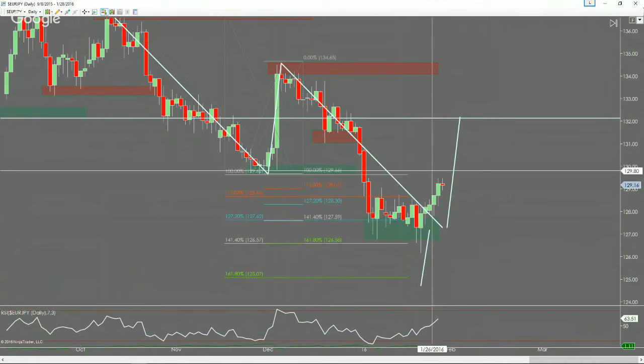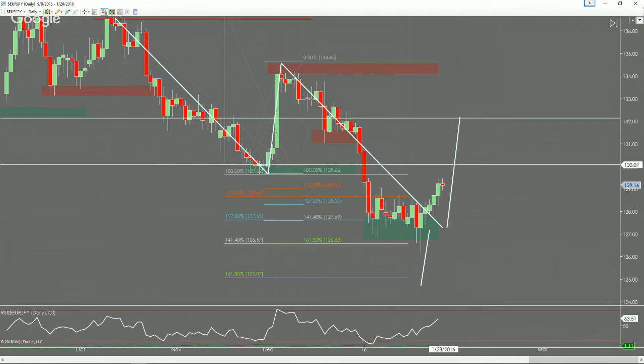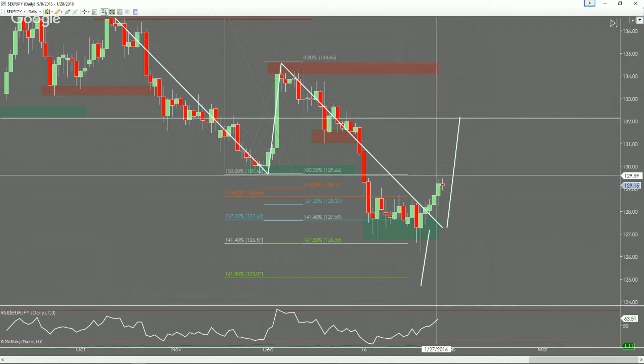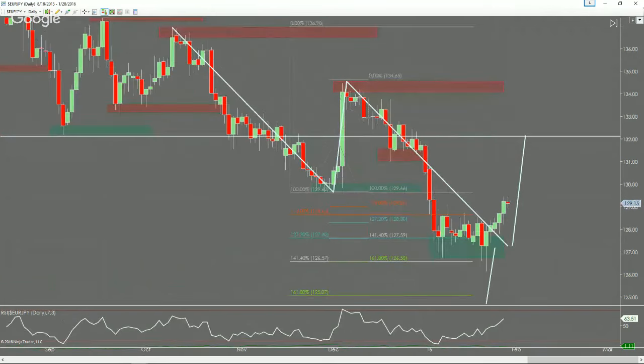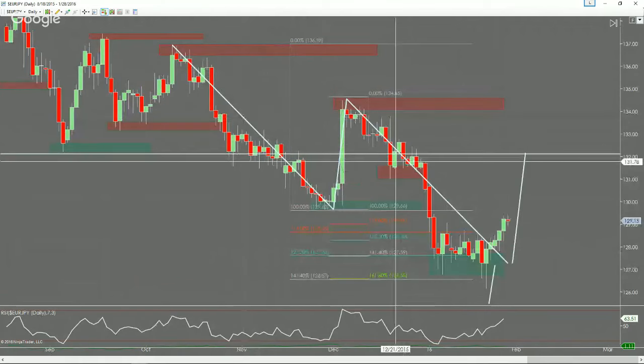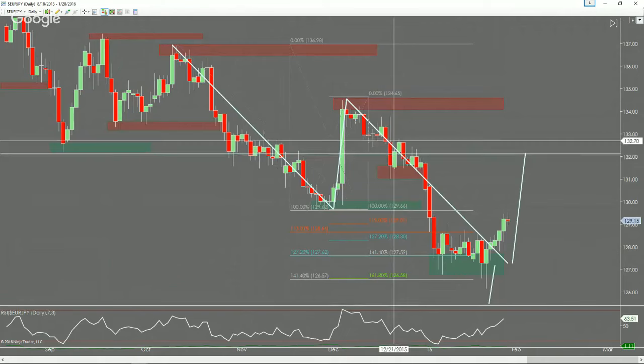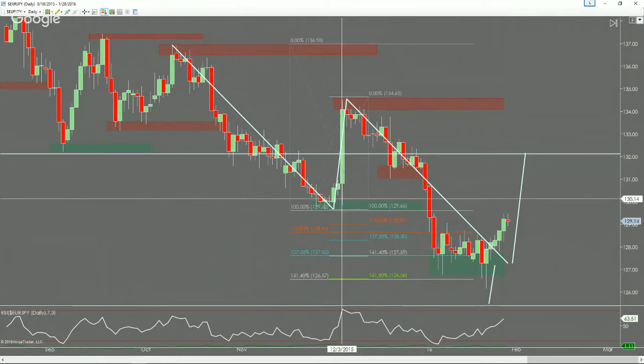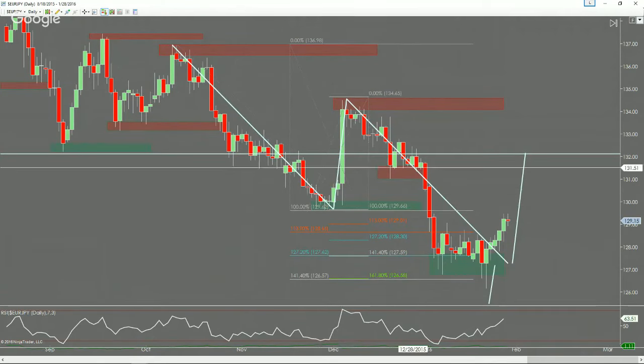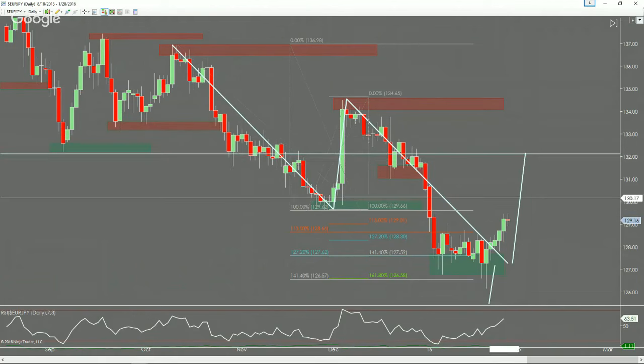Then it can just go around that level and ping around that level, or it can continue to go back up. Like I said from yesterday, this is a harmonic pattern, or an equal measure move. Most of the time, equal measure moves have equal retracements as well, and that's how we found this level right here.